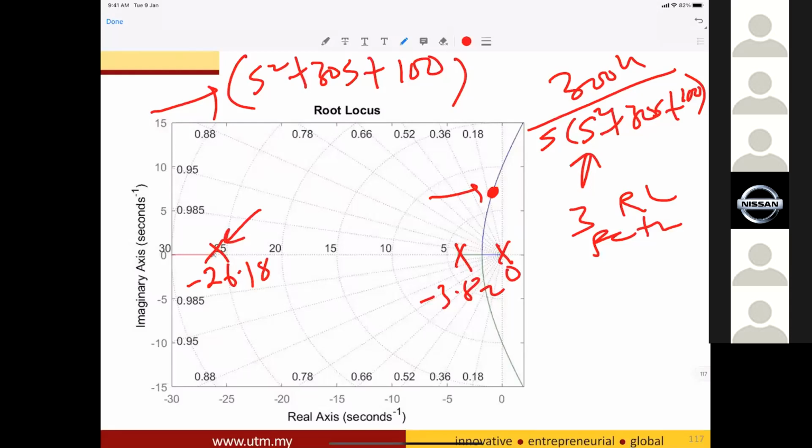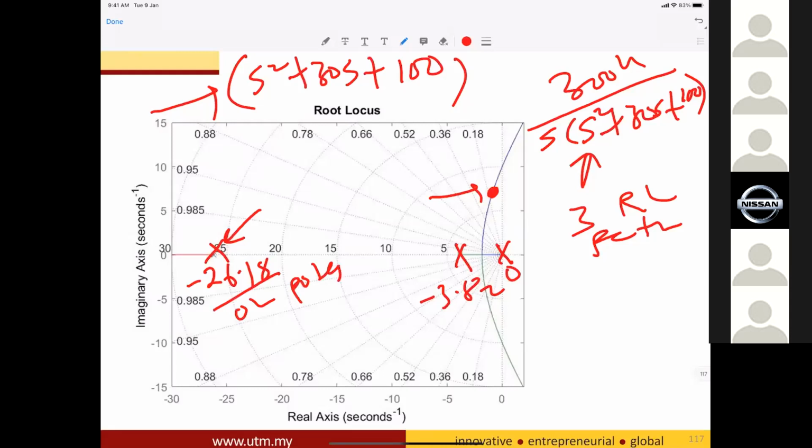Minus 26.18 is an open loop pole. Should we compare it using the ratio?